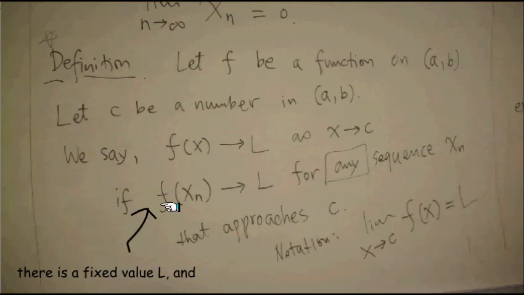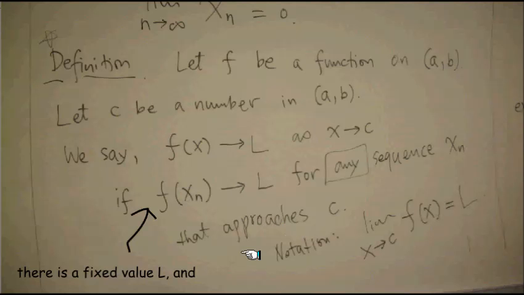If you plug it into the function, we have all sorts of different values. If they're all approaching this fixed value, no matter what sequence you choose, as long as that sequence approaches our base value c, if you can establish that fact, then we say f of x approaches L.